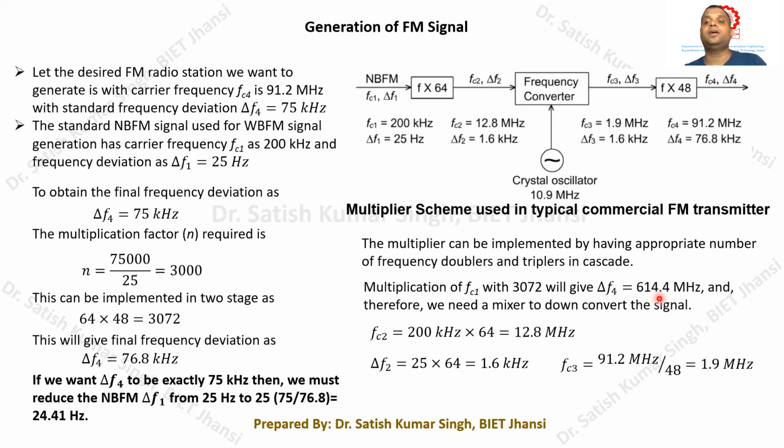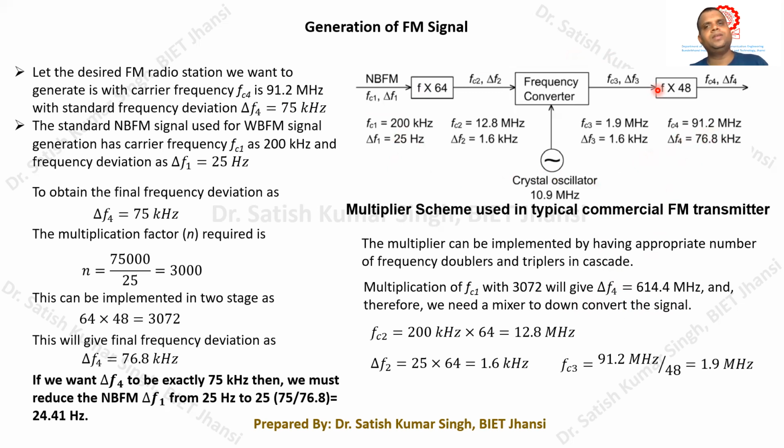Remember that we wanted the final carrier frequency FC4 to be 91.2 megahertz, but due to this multiplication factor we get 614.4 megahertz, which is much larger than the required value. So the frequency multiplier itself is not sufficient in designing the circuit to get the final output.